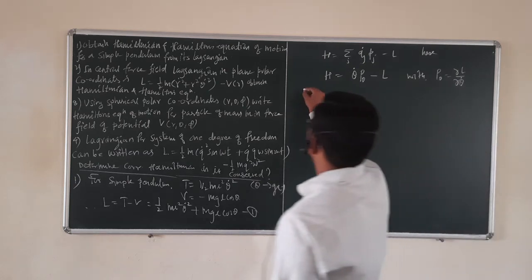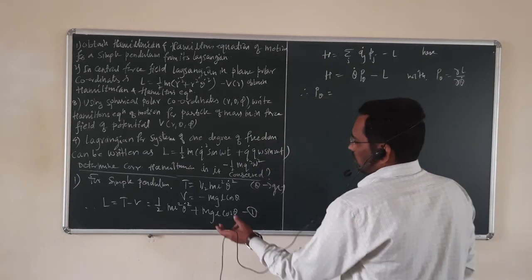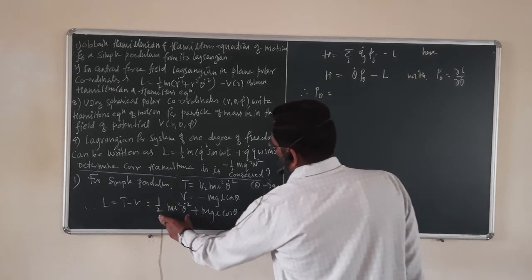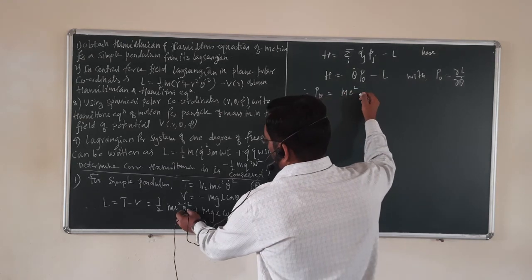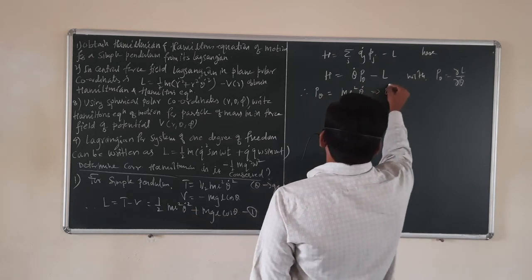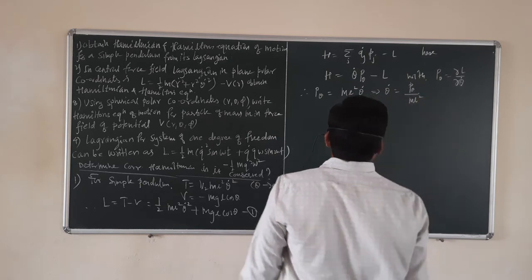So pθ is equal to the partial derivative of this with respect to θ̇. That is m l² θ̇. So θ̇ is pθ divided by m l².